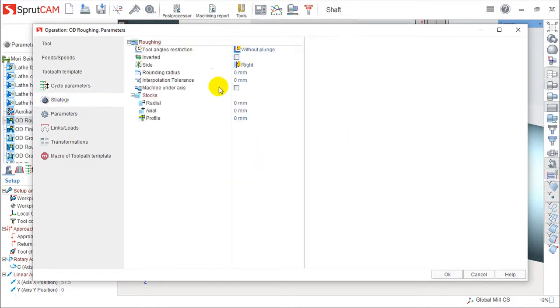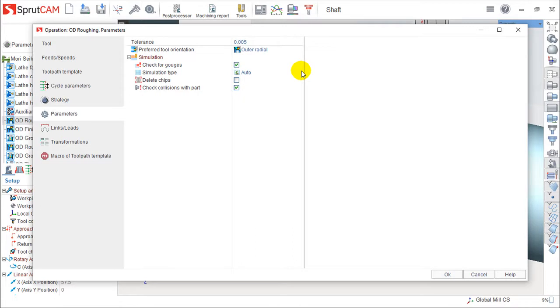In terms of the strategy, also the behavior for the tool and some of the things we can define. Rounding radius, in terms of turning, is also a very important factor. Again, stocks, and some parameters for orientation of the tool. Behavior for the chips, and collisions with part and simulations.